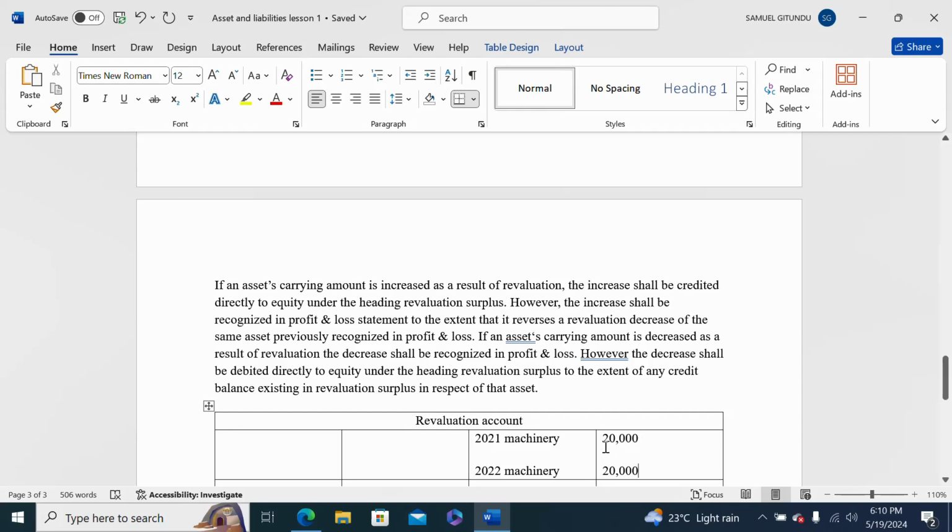We would have recognized it in the profit and loss statement to reverse that revaluation loss which had been previously recognized in the year 2020.